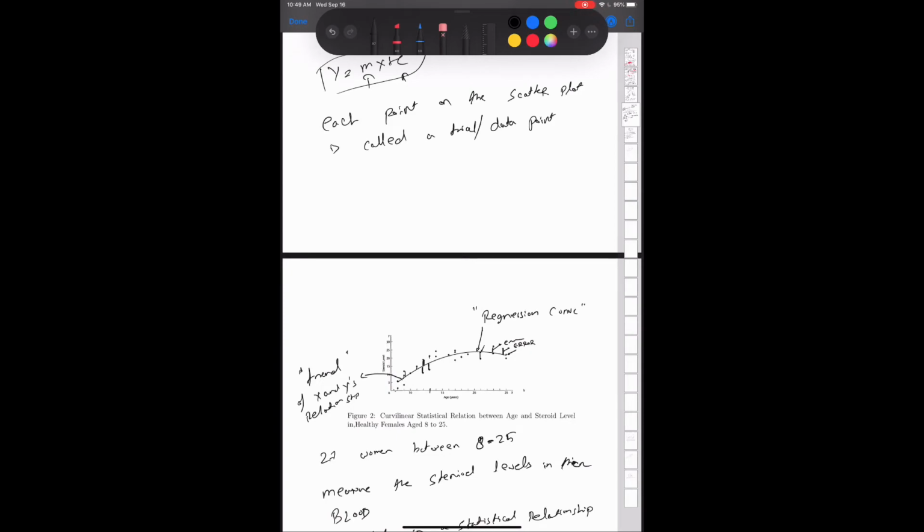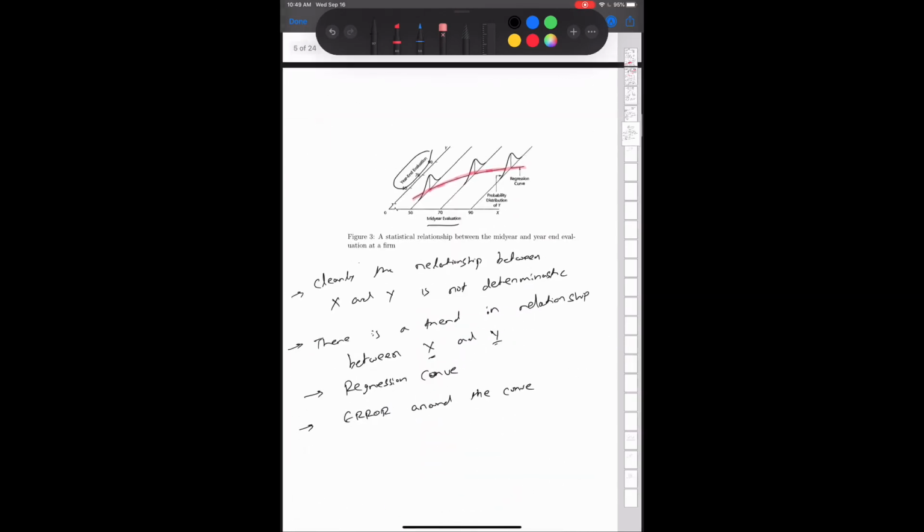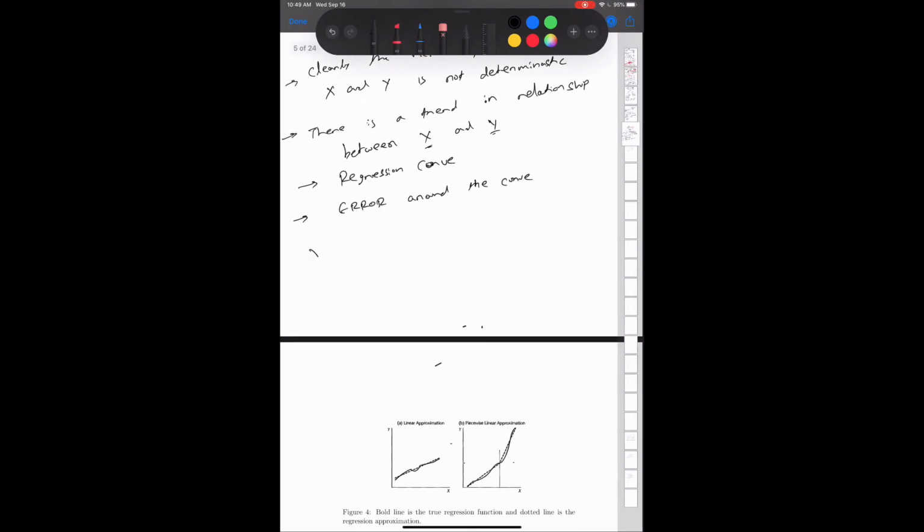It just turns out a way to understand a statistical relationship is to figure out this trend component and this error component, and write down the relationship between x and y through this. So y is the value of the regression curve at x plus the error.